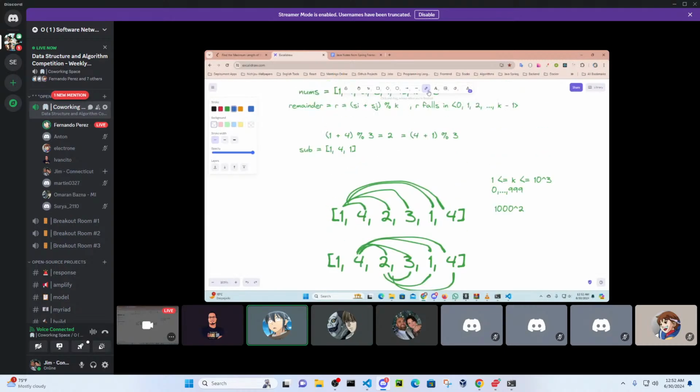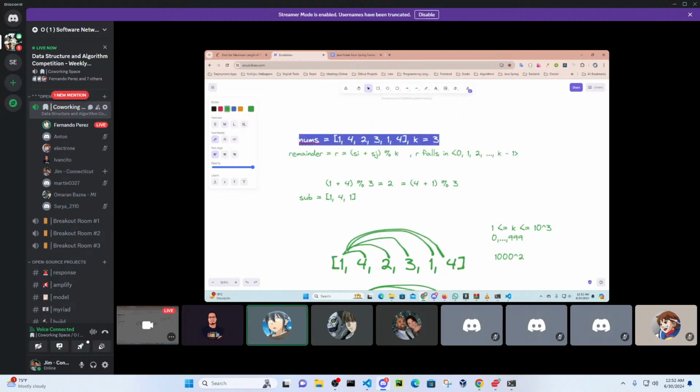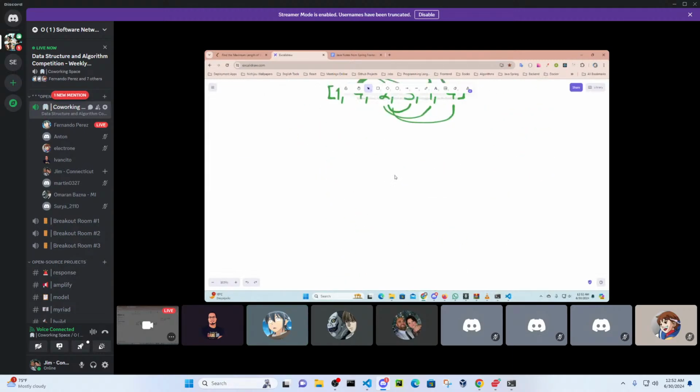I'm going to copy this. You're going to have this kind of collision like this. One reached 3, same, it goes for 4.